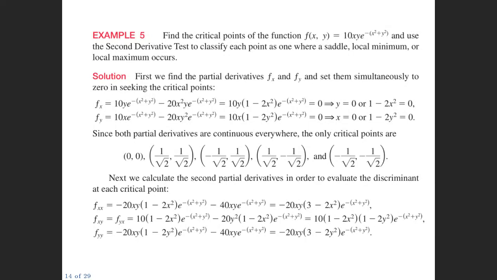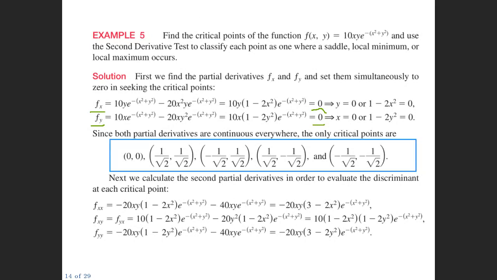So first, we're looking where fx is equal to 0, and where can we have fy equal to 0. And we need both of these to be true at a point. It's not just good enough to have one of the partial derivatives equal to 0 and not the other one. We need to have both of these equal to 0. And I'm going to leave it for you to check the details here. You can check that there's actually 5 critical points of this function.